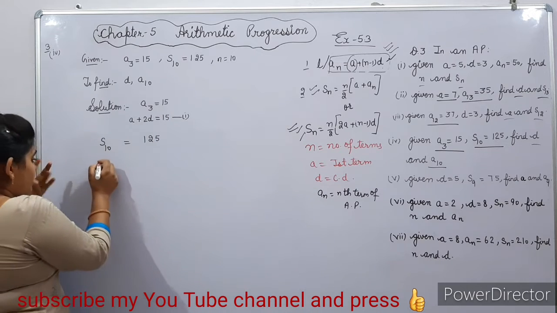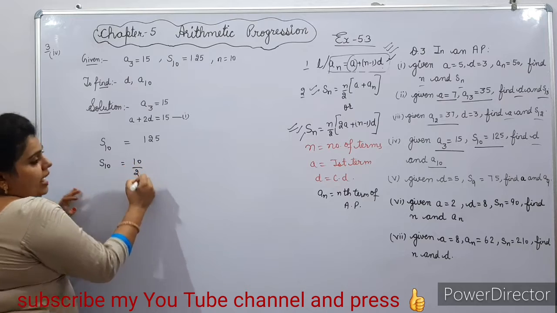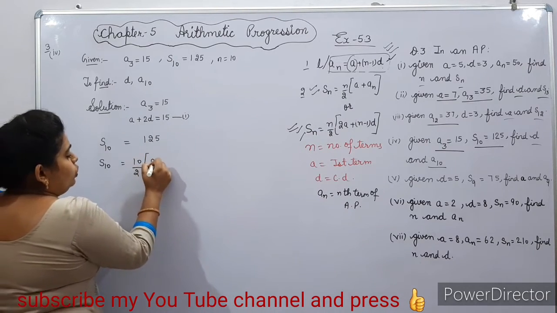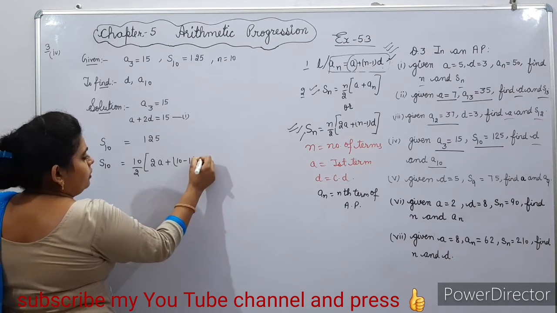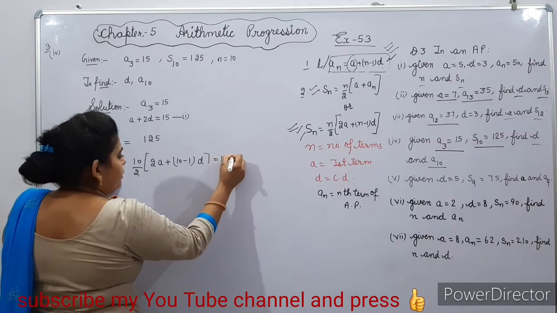S10 will be equal to 10 by 2, putting the value of n here, into 2A plus 10 minus 1 into D. And this S10 is equal to 125.